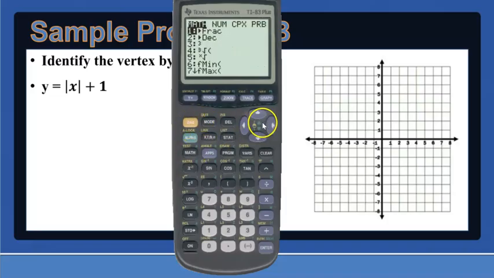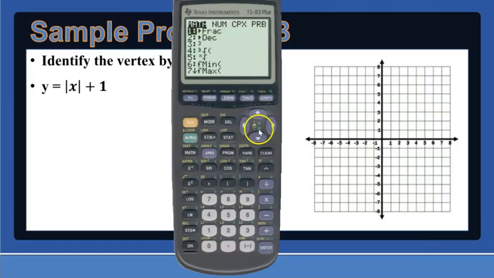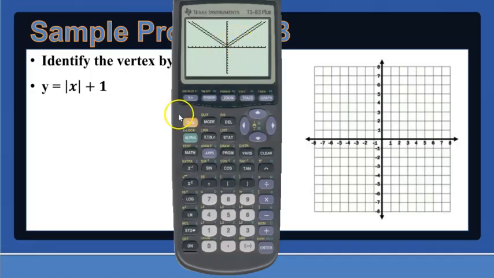So math, numbers, number 1, and then type in x. Here's the parent function. The bottom one is the parent function. It went up 1. Everything else is the same.